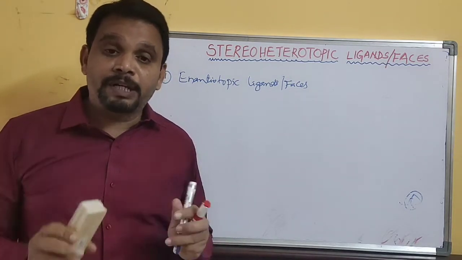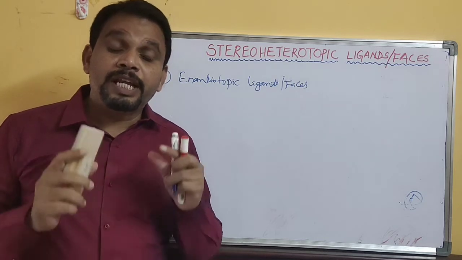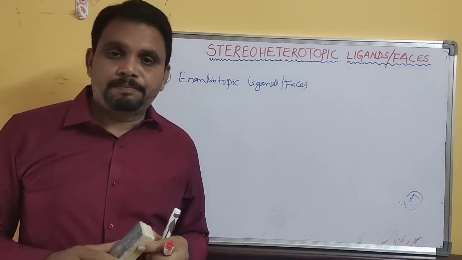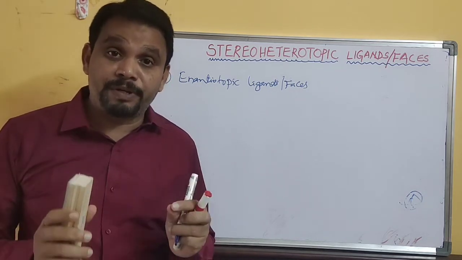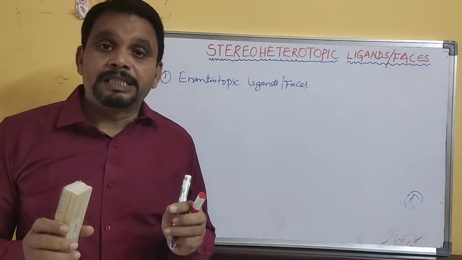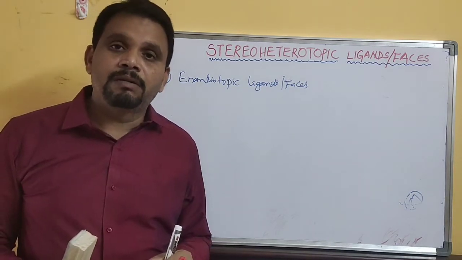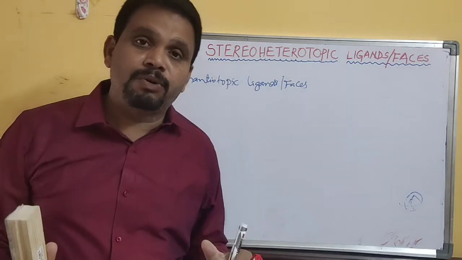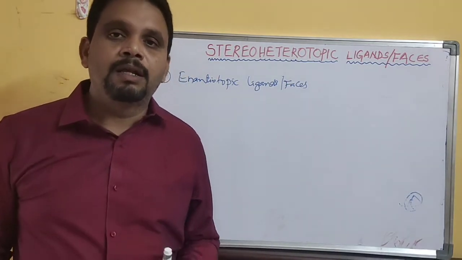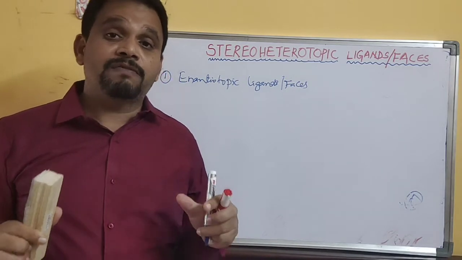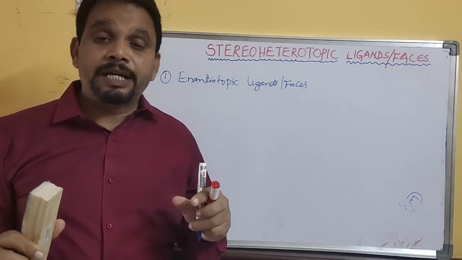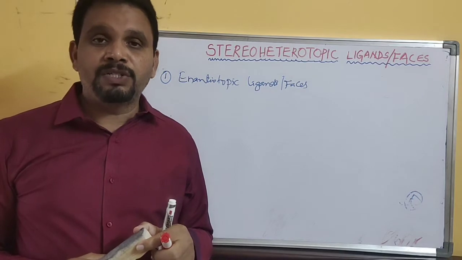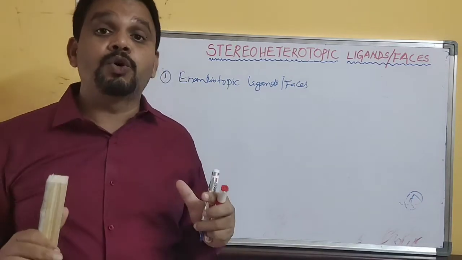In homotopic ligands there is a Cn axis of symmetry: the ligands in a molecule exchangeable or interconvertible by a Cn axis of symmetry, producing homomers, can be considered as homotopic ligands.